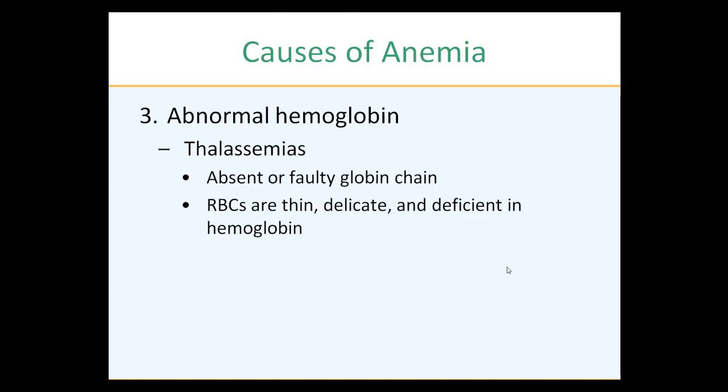Abnormal hemoglobin occurs in cases like thalassemia, where you have a faulty globin chain, and it depends whether it's the alpha, the beta, or both, and whether it will become thalassemia major or thalassemia minor. The red blood cells in this case will become very thin and delicate, and they break up very easily.